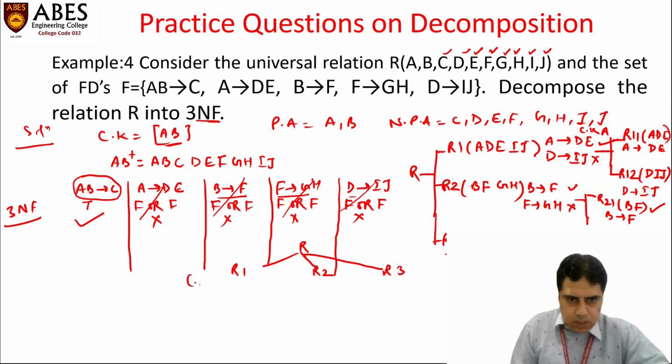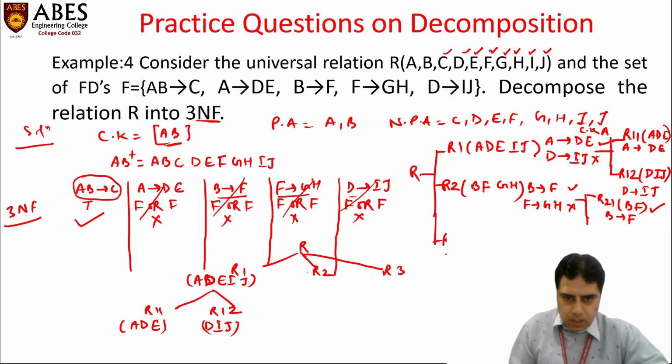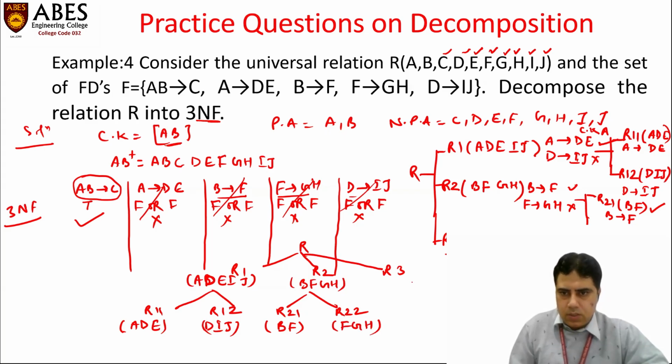R1 is A, D, E, I, J, and further this will decompose into R11 and R12, with attributes A, D, E and D, I, J. For R2, the attributes are B, F, G, H, and further we will decompose into R21 and R22. For R21, the attributes are B, F, and for R22, F, G, H. Now in R3, the attributes are A, B, C.